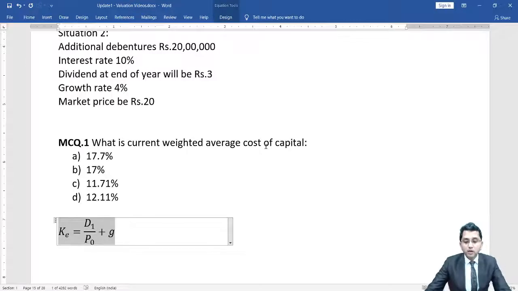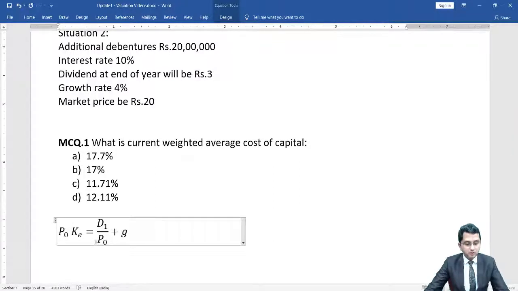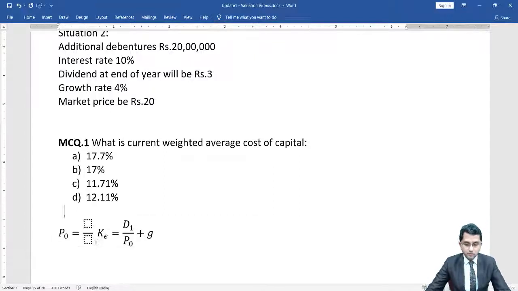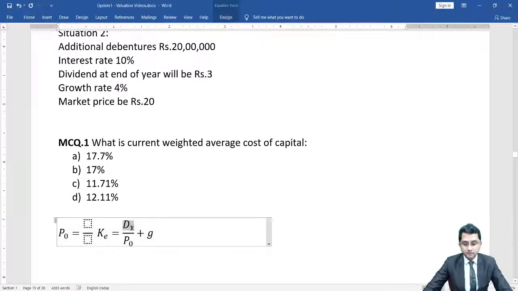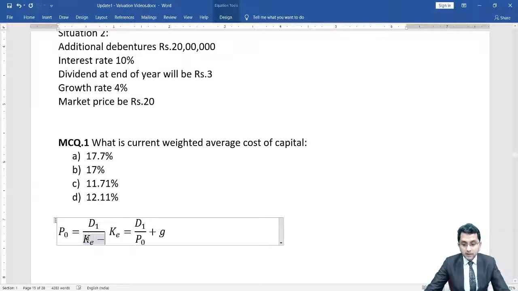Let me remind you the original formula also. See, the original formula was like this. It was P0 is equal to D1 divided by KE minus G. Look, sir, this is the original formula.